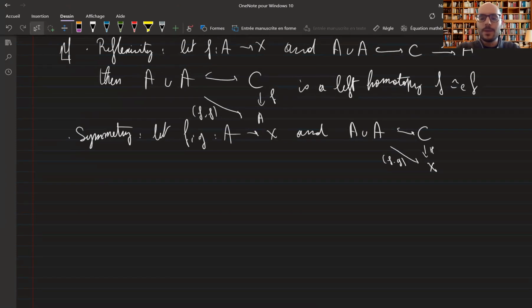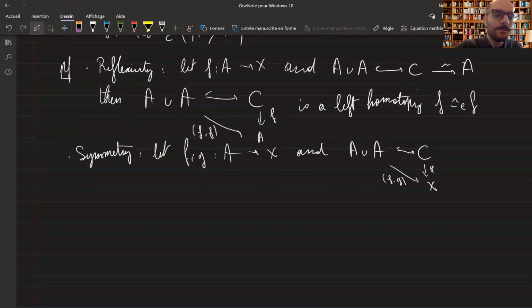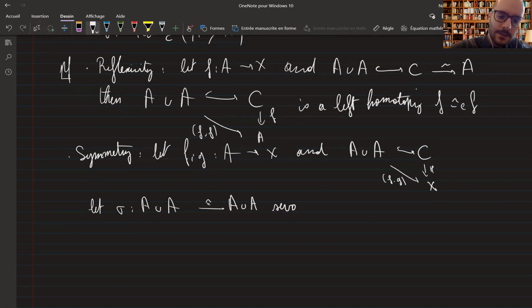And we need to find a homotopy between G and F. So you let sigma be the isomorphism that swaps both factors, so it takes the first A to the second A and the second A to the first A. Then, no, sorry, you take a different cylinder.